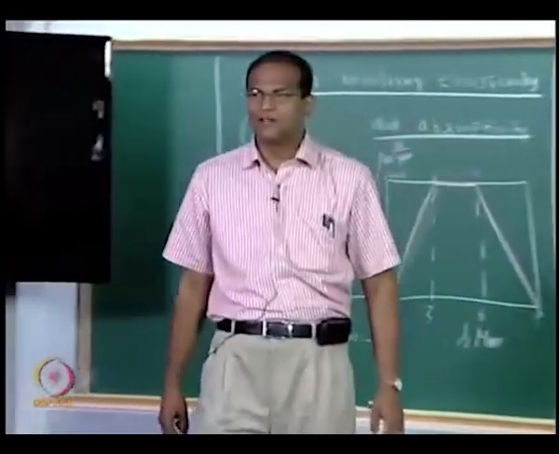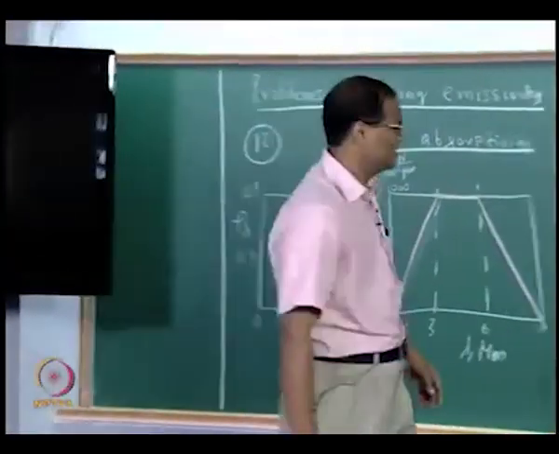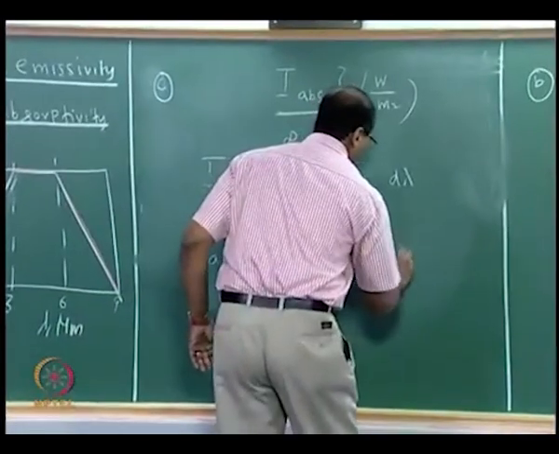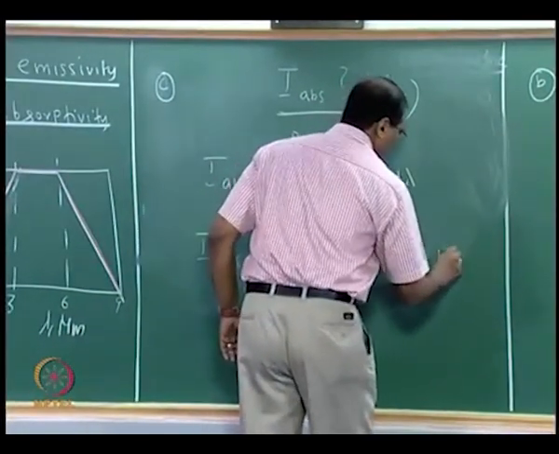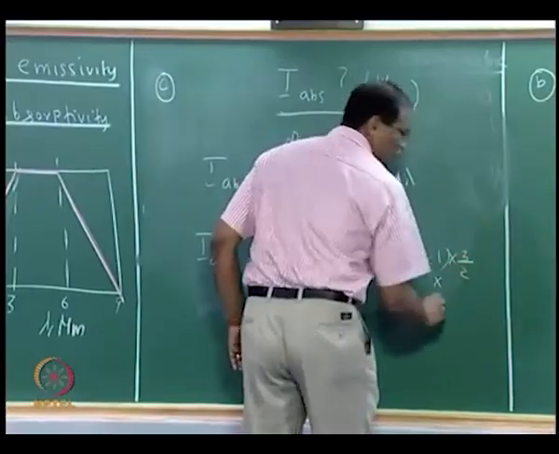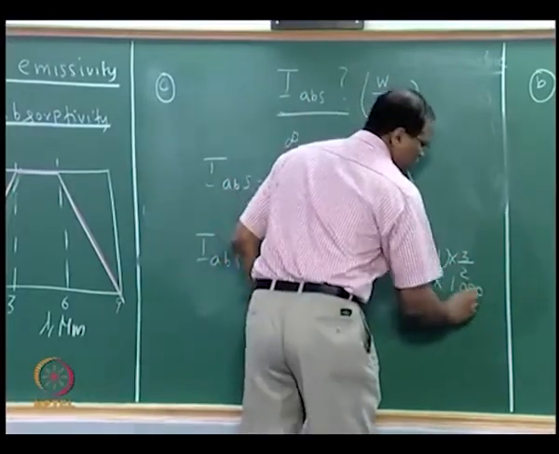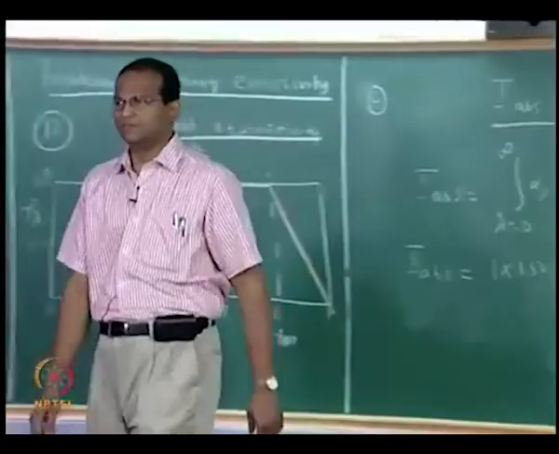0.7, area of the trapezium, what is it? Okay, 0.7 plus 0.1 into 3 by 2, 0.1 into 1000, correct. All of you got this? That is the area of the trapezium.